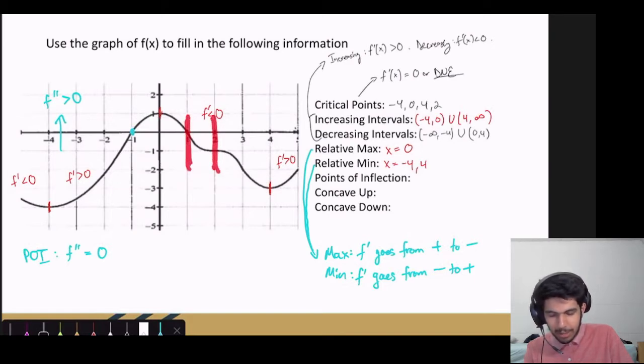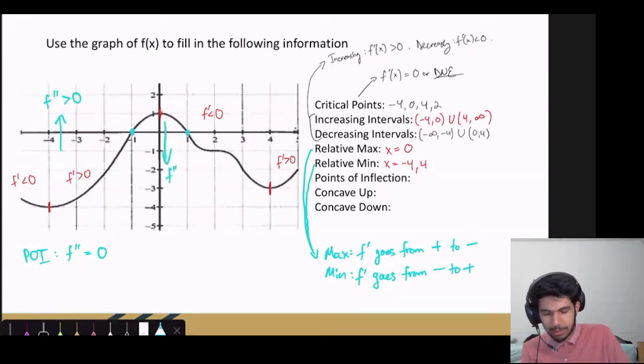And then if we look at that, the bowl is pointing in this direction, upwards and to the right, but that's still upwards, right? So the concavity changes at x equals 1 here. And we can see that now the bowl is pointing downwards, f double prime is less than 0.